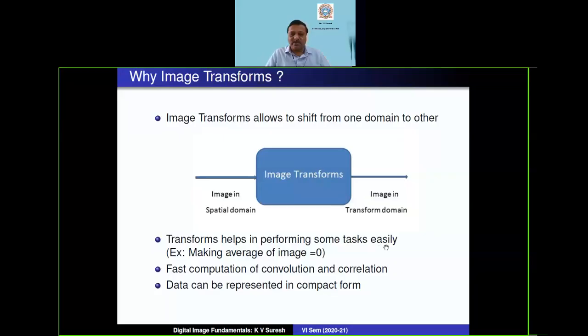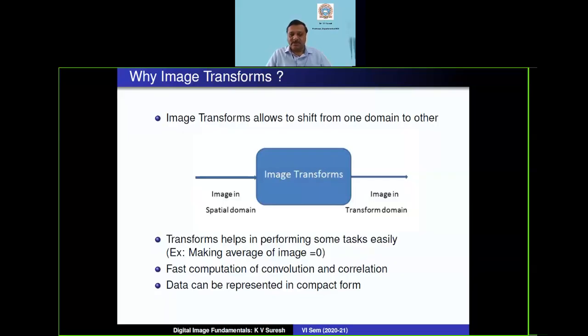So that is one of the advantage of any transform for that matter. It helps in performing some tasks easily. In fact, there are many other advantages. Fast computation of convolution and correlation is possible because there are tools that can perform these transforms very fast. For example, DFT, there is a fast way of implementing it, all of you know, which you have studied in the course DSP, that is FFT, fast Fourier transform.